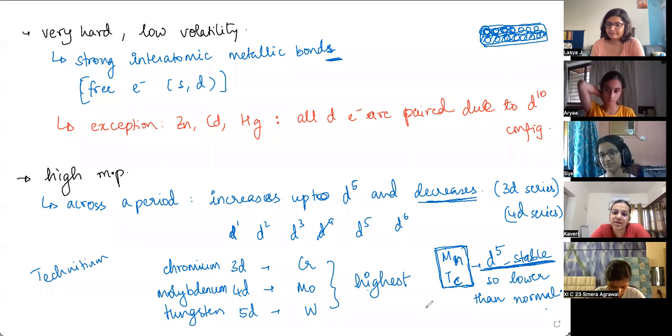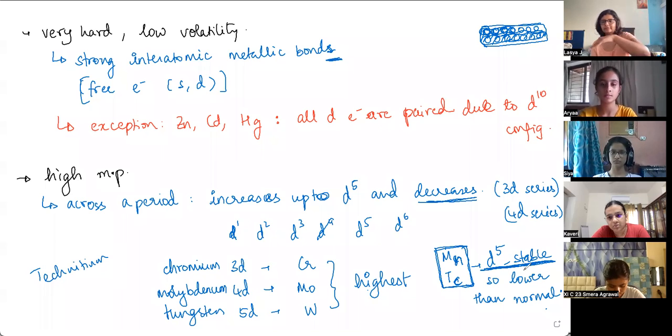But still in their periods, Mn and Tc are the highest, right? No, they're lower. I don't think they're the lowest, but there's a dip there. It increases up to d5, right? Even though they are lower than chromium, molybdenum, and tungsten, they should be the highest in their period, right? They won't be the highest.